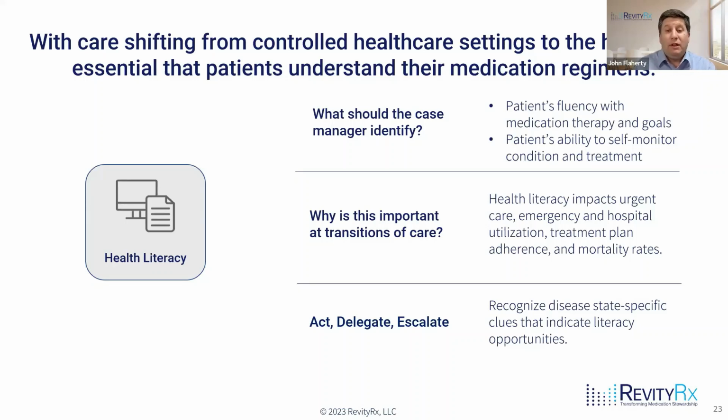And when we think about medications, they're the primary treatment options. We need to make sure that patients and their caregivers understand and comprehend their therapy and their plans. And when we think about case managers and the act, delegate, escalate, it's really just helping recognize what those disease-specific clues are that indicate there are health literacy opportunities.